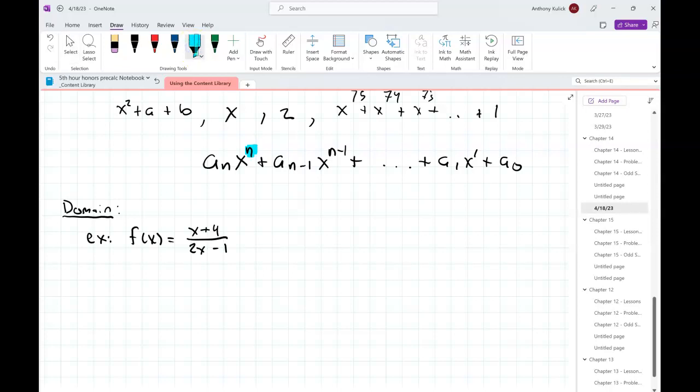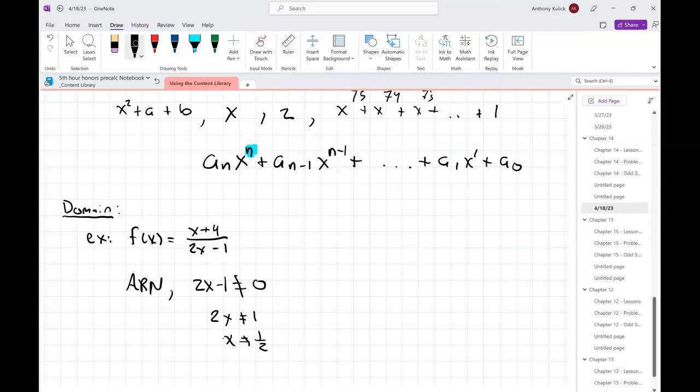So essentially, my domain would be all real numbers except where the denominator is equal to 0. Right? So I can just figure out what that value of x is, right? I can like add 1 to both sides and then divide by 2.